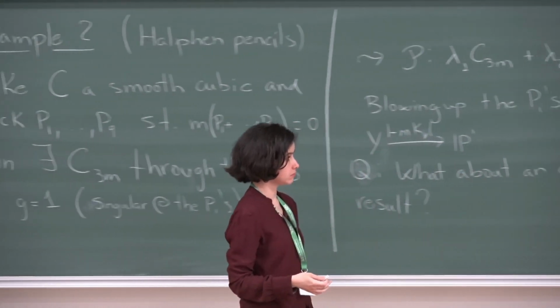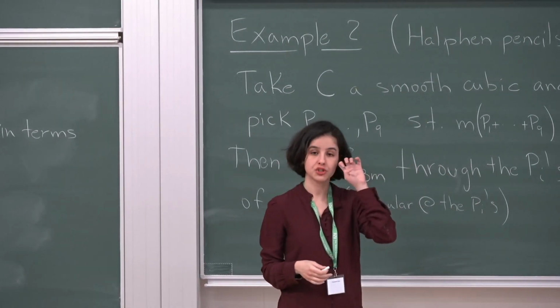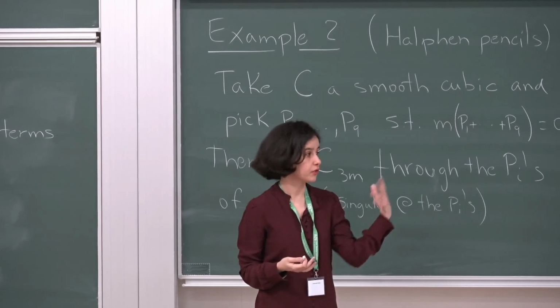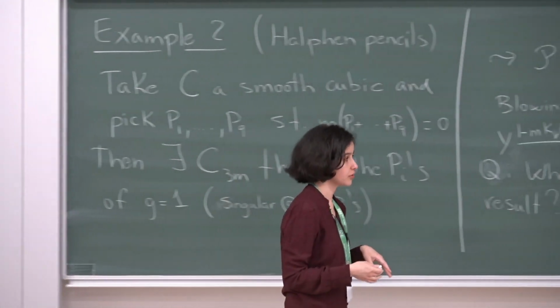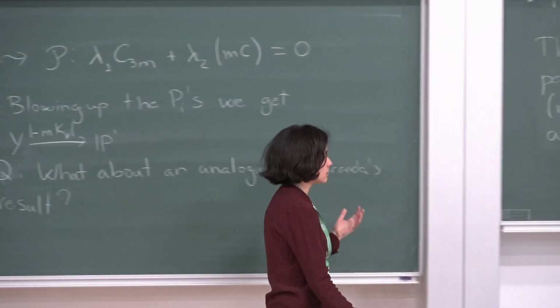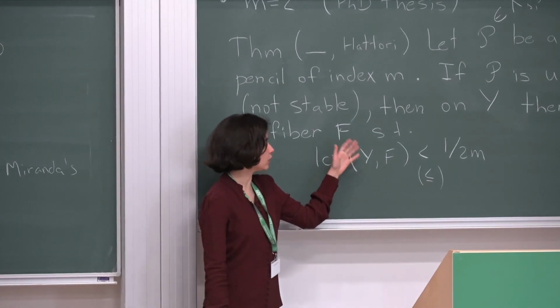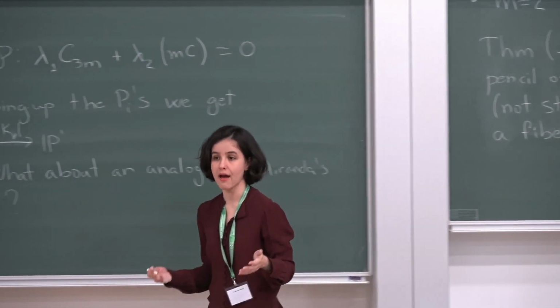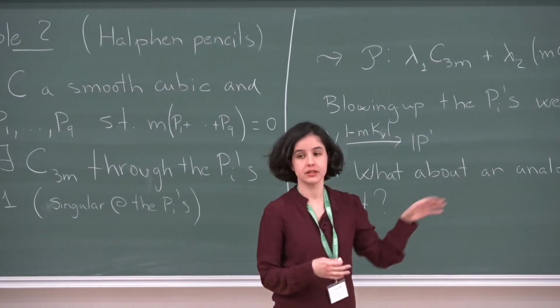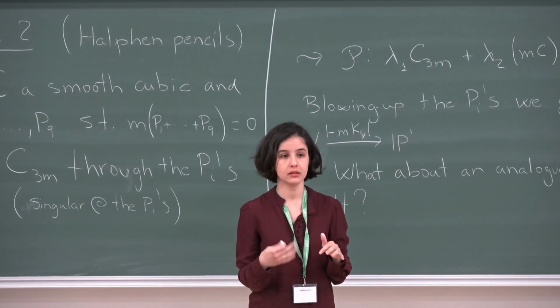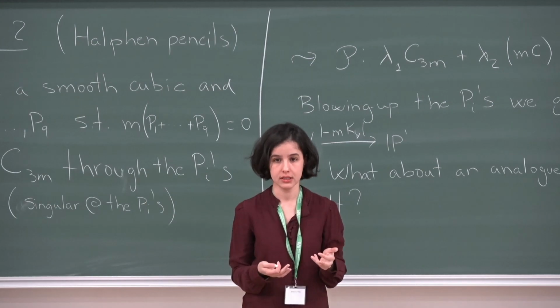So we get some condition in terms of this invariant of singularities, but since we know what the possibilities for F are, in the end this is very explicit, and we can compute it quite easily.